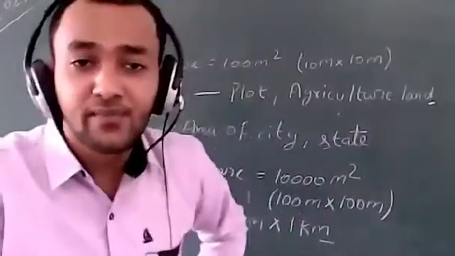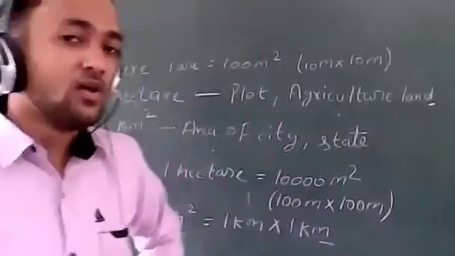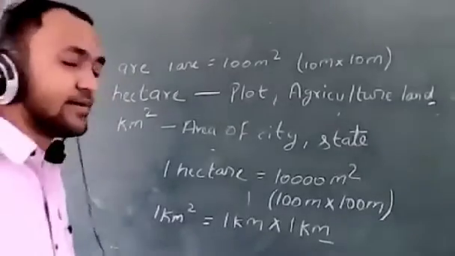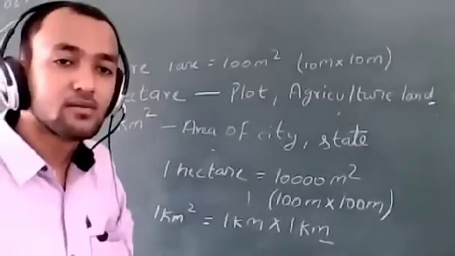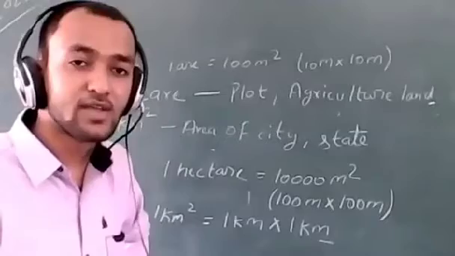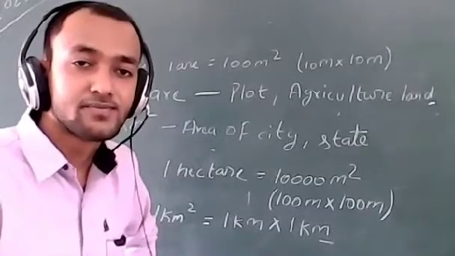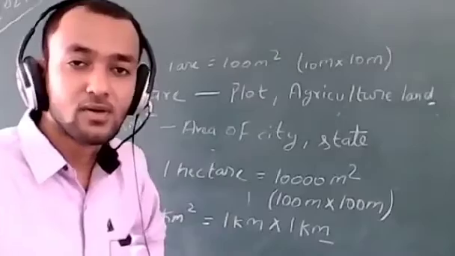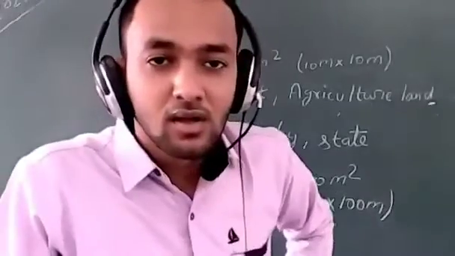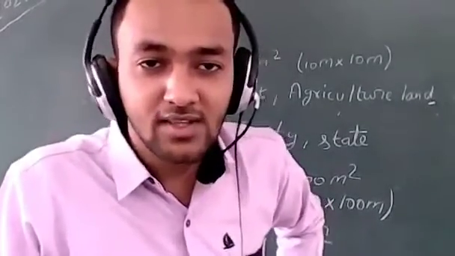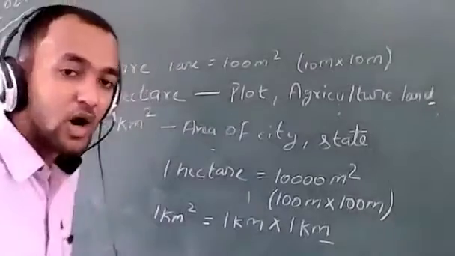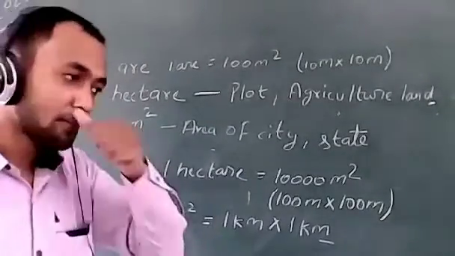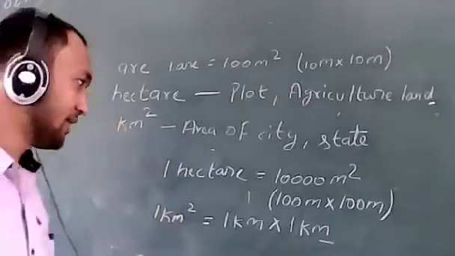Okay, tell me, Ankit Singh, unmute yourself and tell me how many meters are there in 1 kilometer? Okay, Sadgi Singh, tell me how many meters are there in 1 kilometer? Sir, 1,000 meters. Very good.